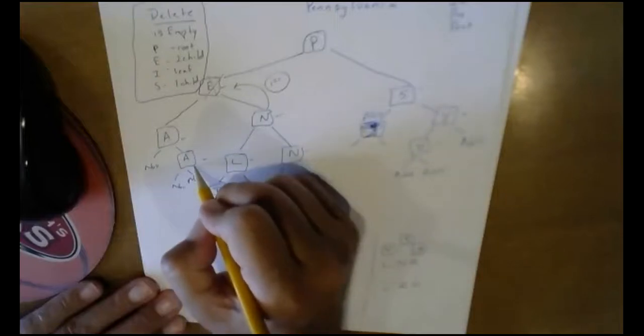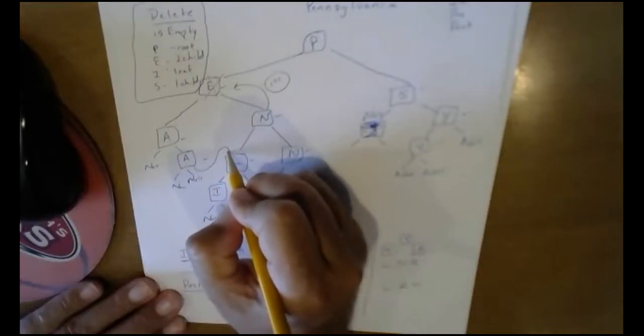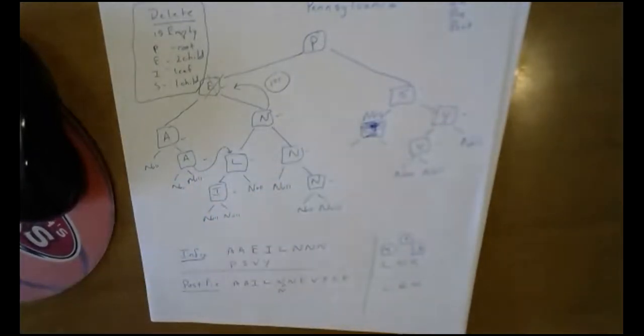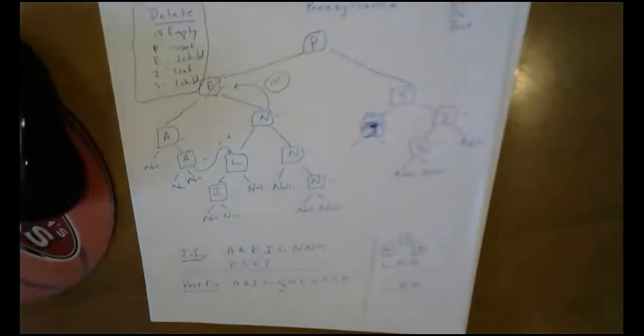So it's kind of funky looking, but it would have to attach to the rightmost node's rightmost child in order to maintain my binary search tree, so that if I did an infix, I would be able to get it in alphabetical.